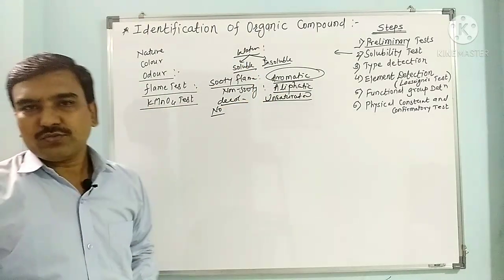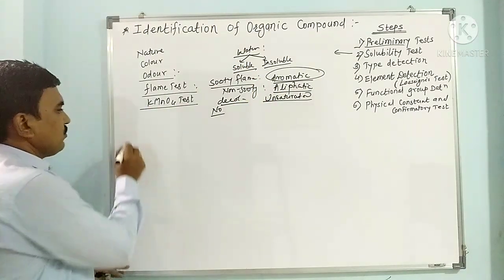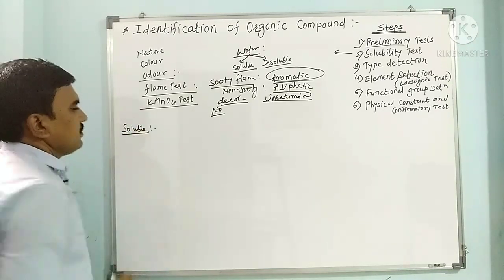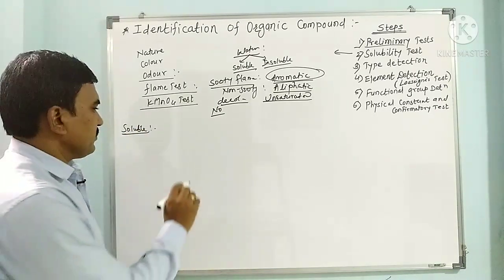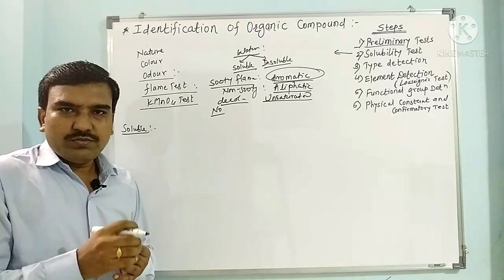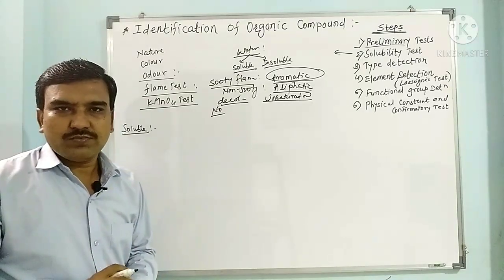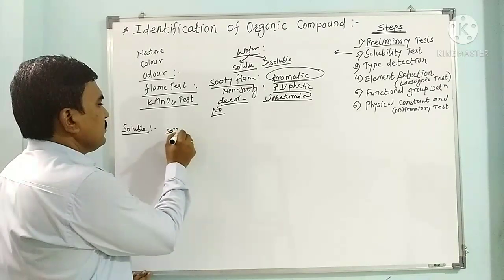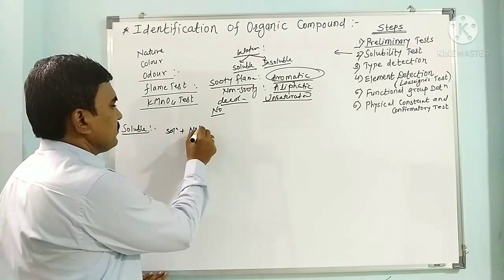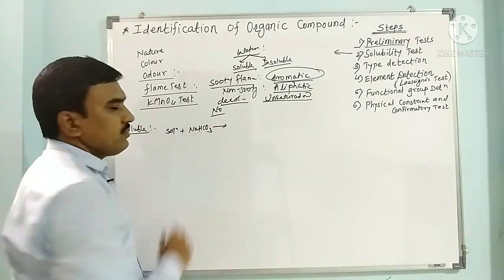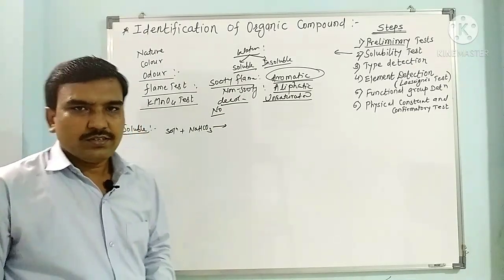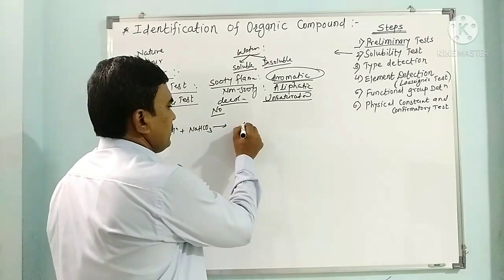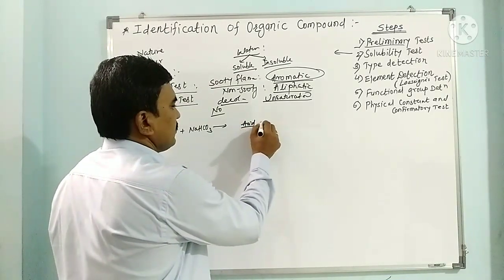If the compound is water soluble, first of all we add some water to the compound, then we use that aqueous solution for the detection of type. We add sodium bicarbonate to the solution. When we get strong effervescence due to the evolution of carbon dioxide, then we can say an acid may be present.